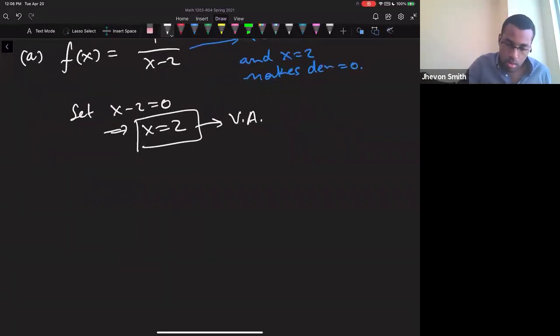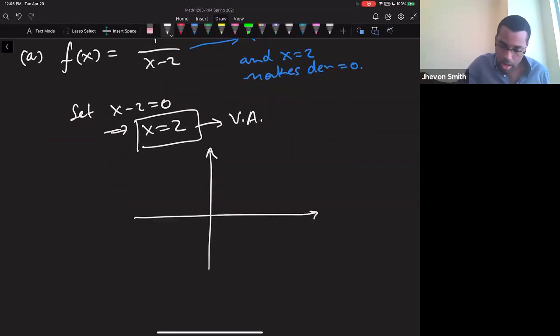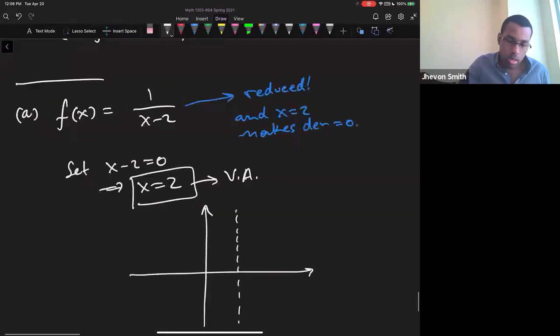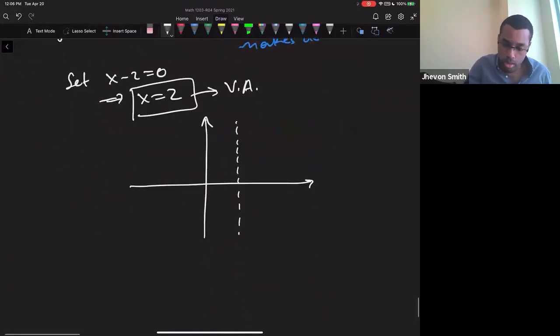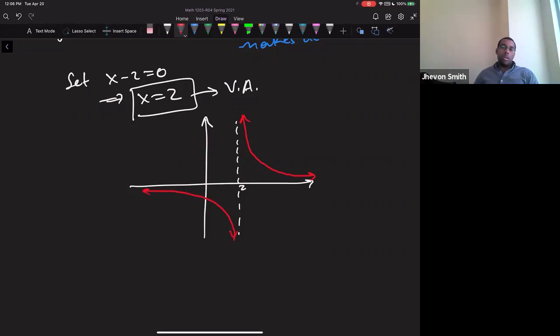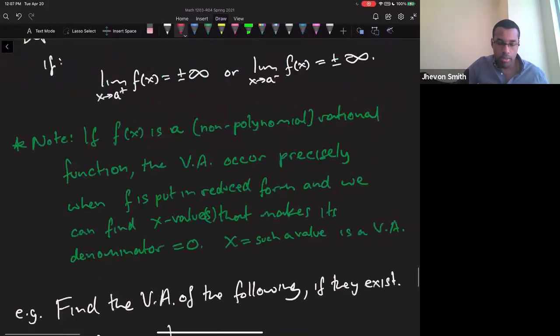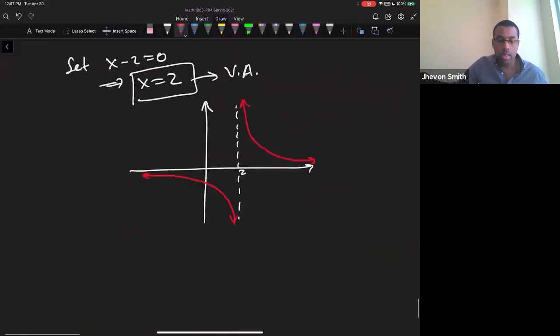And in fact, the graph of this isn't difficult to graph. That's just like 1 over x, but shifted 2 units to the right. So at 2, we know that the graph looks like this. You'll see that as we approach from the right, we go up to positive infinity. If we approach from the left, it goes to negative infinity. That definitely fits our definition of what an asymptote is. So it definitely behaves like what we think an asymptote should behave like.